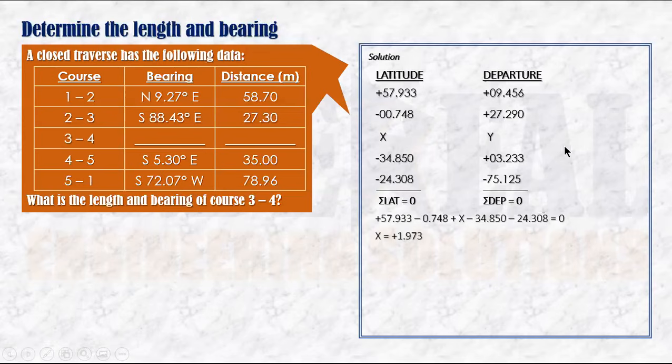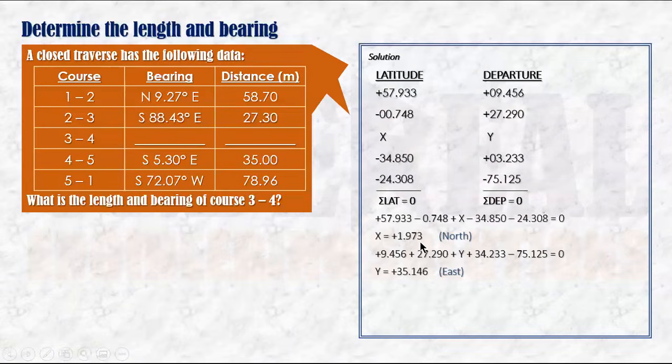While focusing here, adding this and equating that to 0, that is positive 9.456 plus 27.29 plus y plus 0.3233 minus 75.125, and that is equal to 0. And we can get this, no? Y is 35.146.